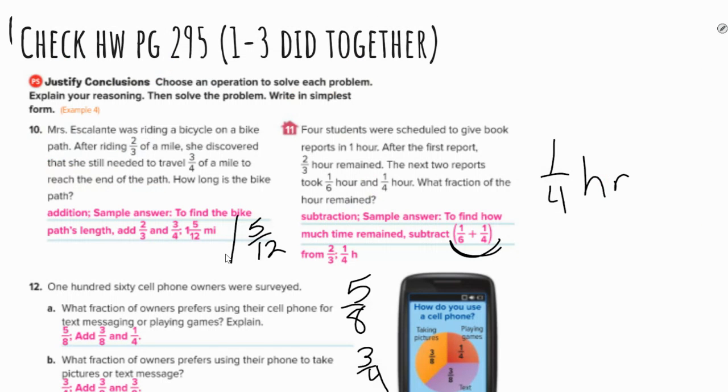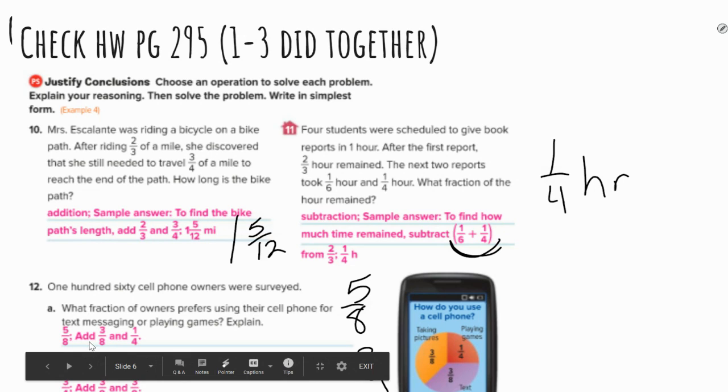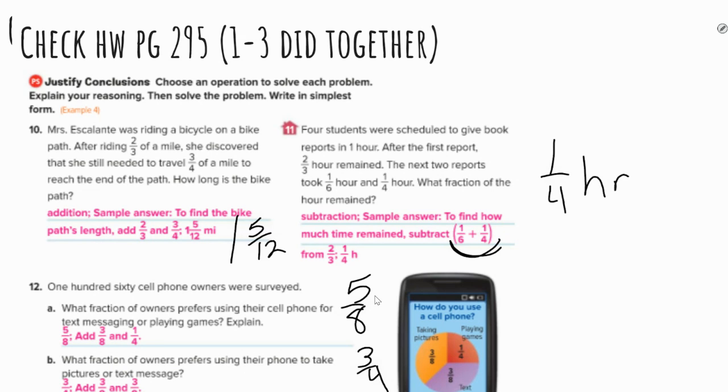Number 10, you were supposed to add your 2/3 and your 3/4 to get 1 and 5/12 miles. 11 was a 2-part question. You first had to add your 1/6 and 1/4 and then subtract it from your 2/3 to get 1/4 hours. 12A, you should have added to get 5/8. And 12B, you got 6/8, which reduced to 3/4.